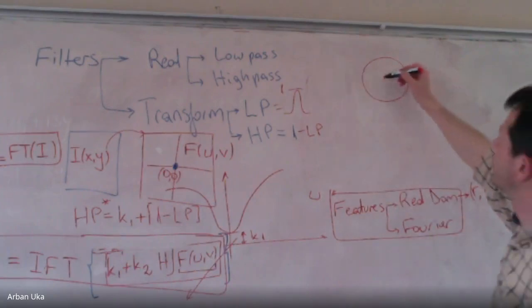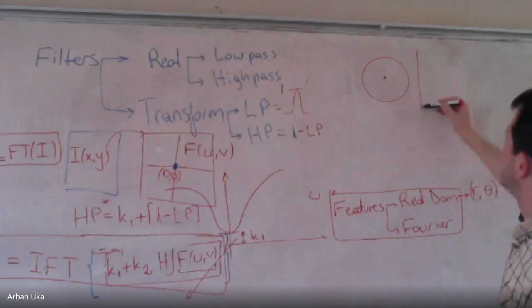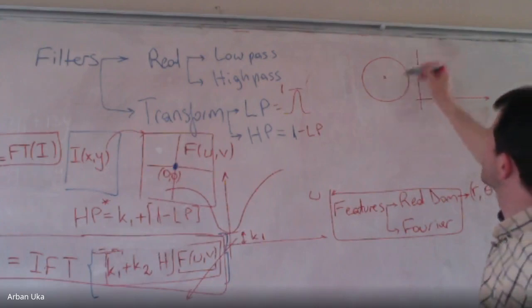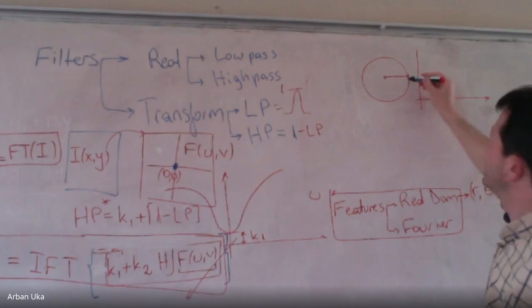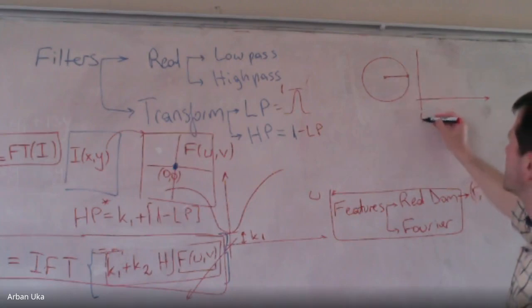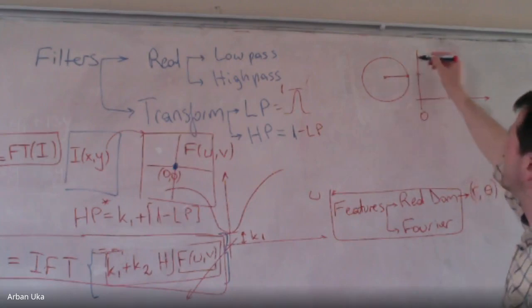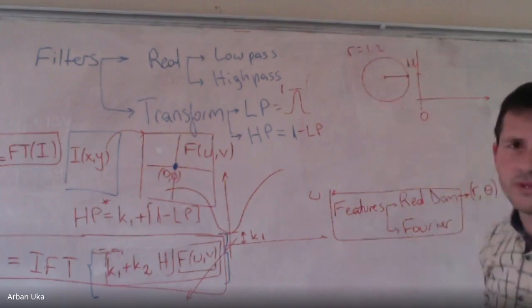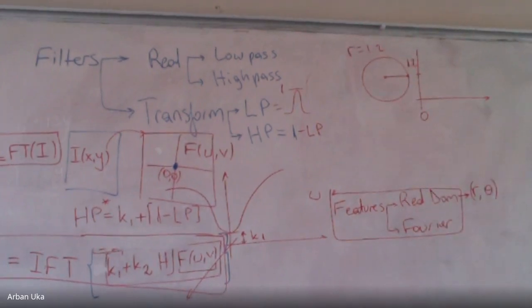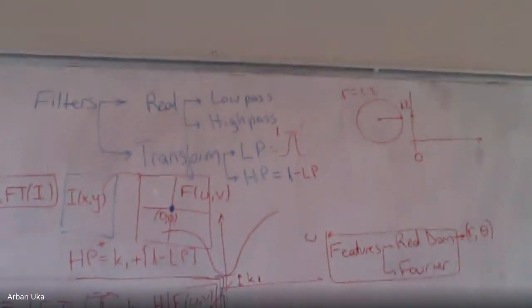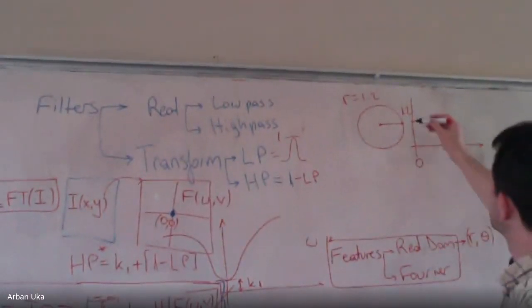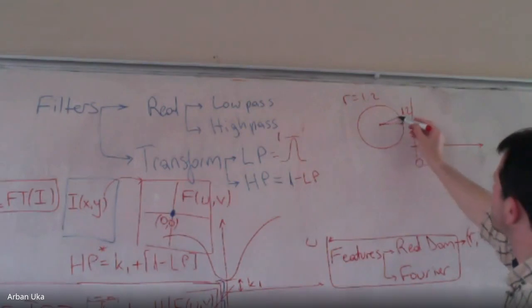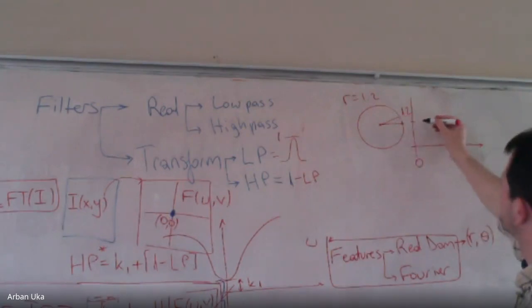If we put the center here, then the radius at angle equal to 0, let's say R is 1.2. Then if we increase the angle a little bit, the radius is still 1.2.